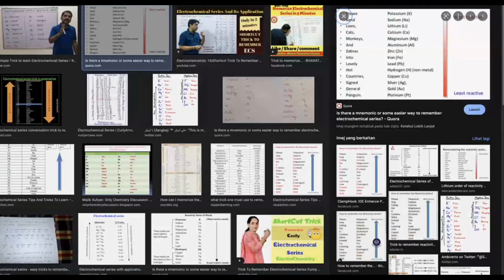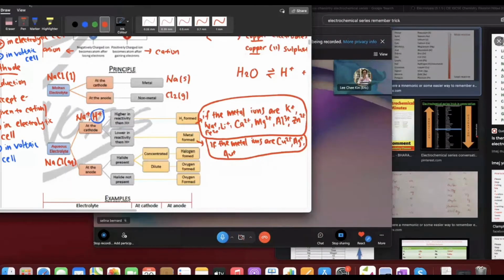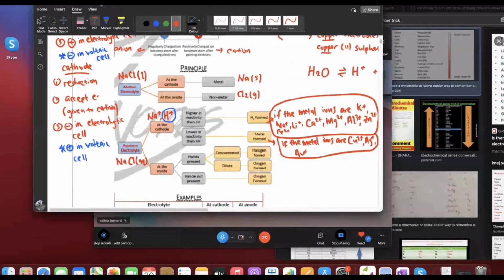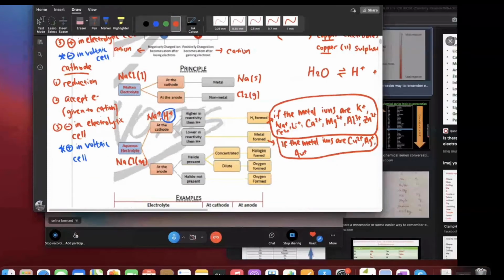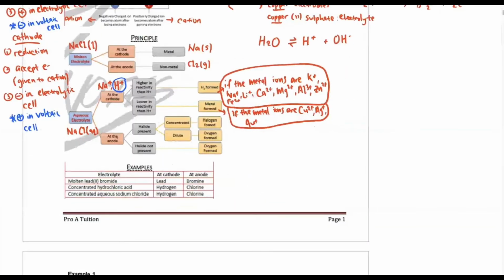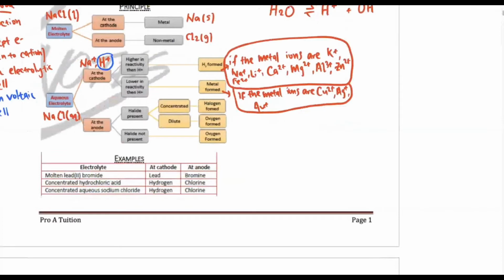Okay, now let's see the second part. The second part is the anode. For the anode, the anions will go to the anode.